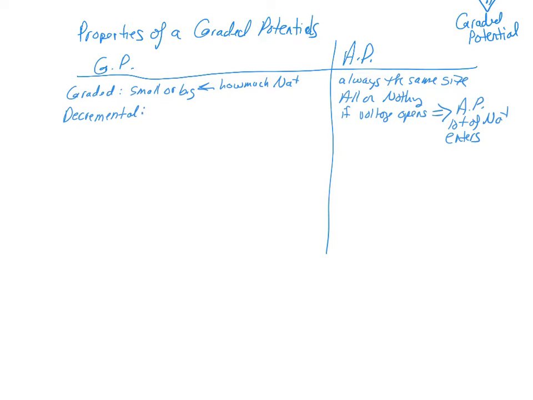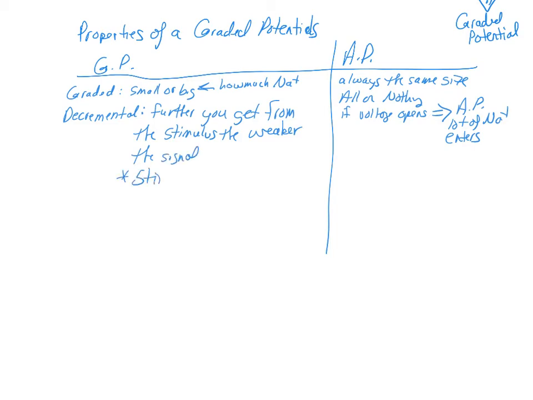Basically, that means the further you get from the stimulus, the weaker the signal. Remember, the stimulus is where you open the gate. So the further you get away from the gate, the further the sodium has to go. Eventually the sodium can't walk any further. It gets tired and it just fizzles out. So it just stops, okay?